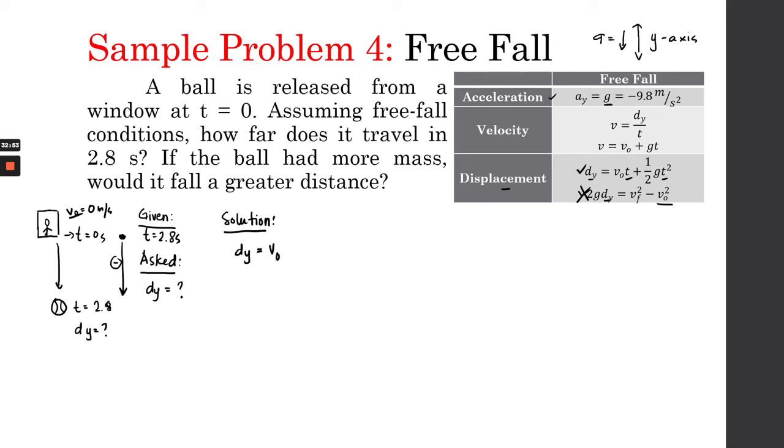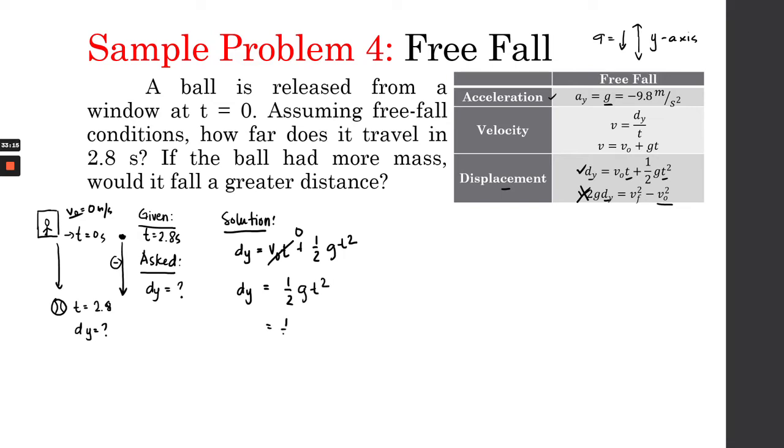So we have to use the first equation for displacement, which is dy equals the initial velocity times time plus 1/2 gt squared. Again, the initial velocity is 0, so we can remove that. That gives us dy equals 1/2 gt squared.